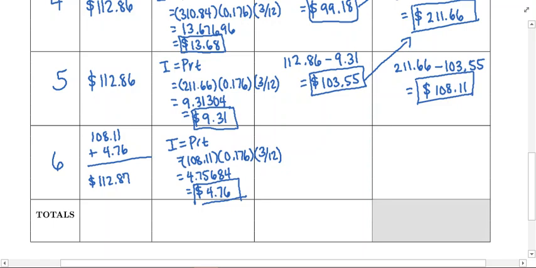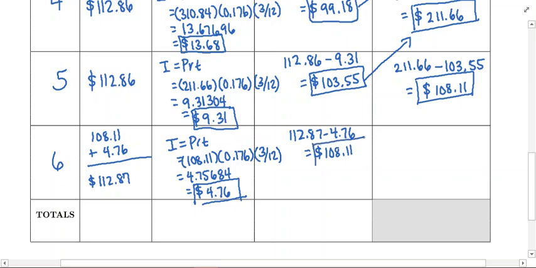All right, so let's fill out the remaining columns here. So you make this last payment of $112.87. It immediately is going to pay off the interest of $4.76. That is going to leave you with an exact balance of $108.11.